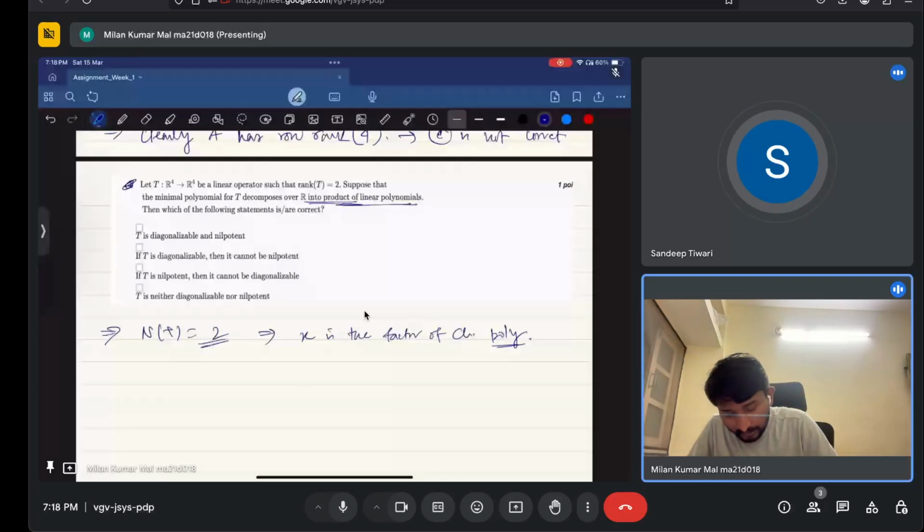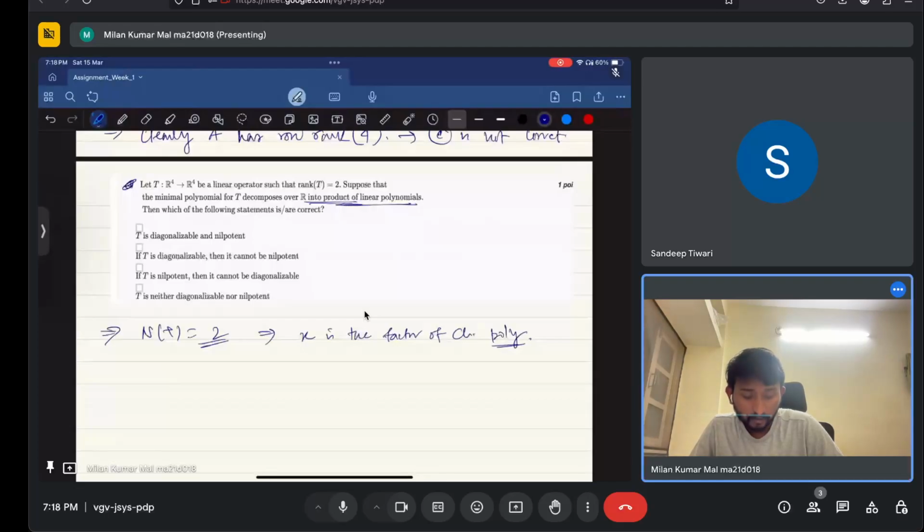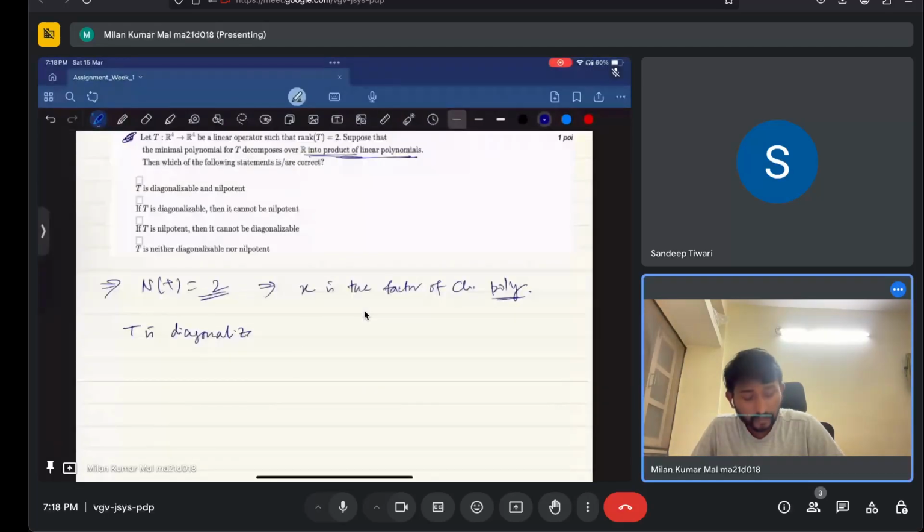So we can write T is diagonalizable and nilpotent, because diagonalizable means the minimal polynomial will be x. Nilpotent means the minimal polynomial x^k equals 0 for some k. But here k is 1. So that means this is becoming 0. So diagonalizable and nilpotent if and only if the matrix representation of T is 0.